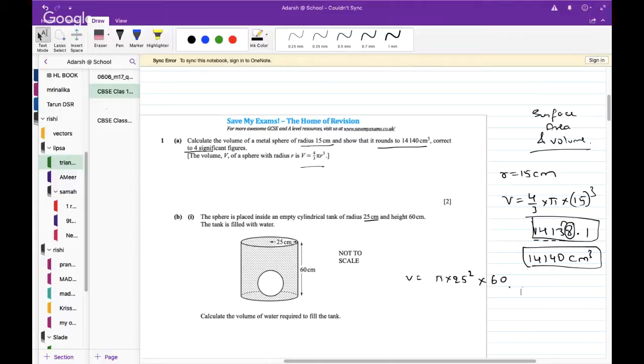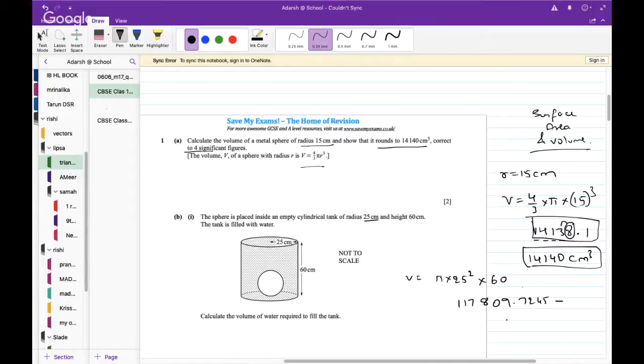Pi into 25 square into 60 gets you 117809.7245, minus the previous answer, which was 14138.1.